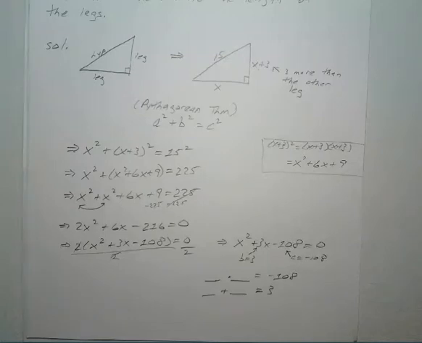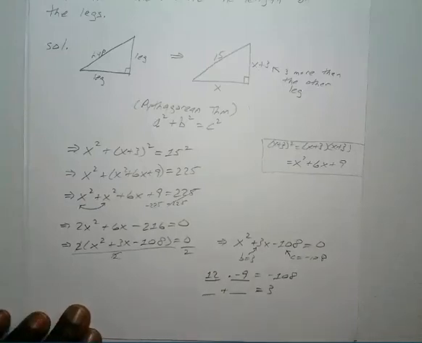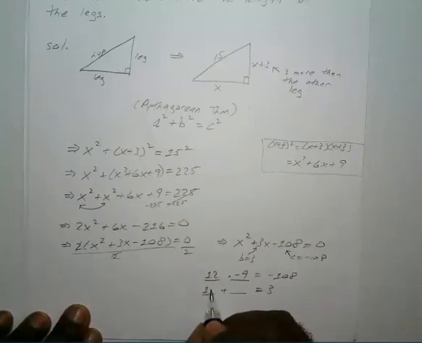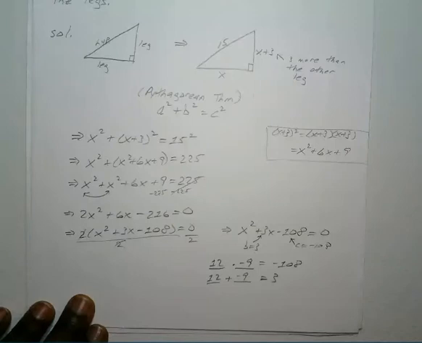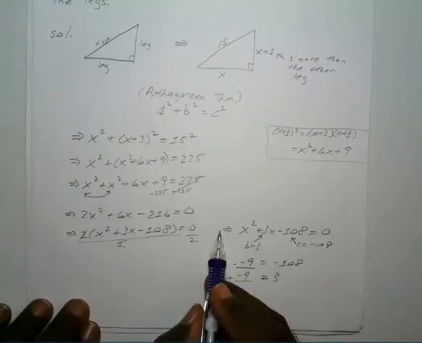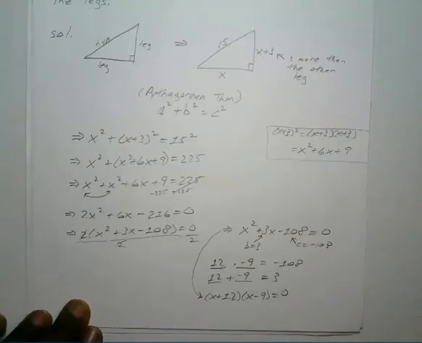Okay, now after a little bit of trial and error, you will find that 12 and negative 9 works for both of them. 12 times negative 9 is negative 108, and 12 plus negative 9 is positive 3. So that means this will become x plus 12 times x minus 9 equals 0.